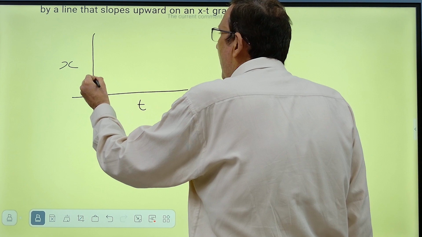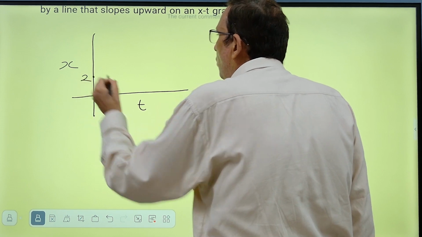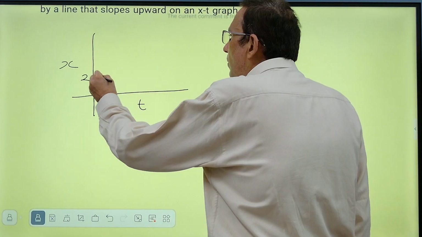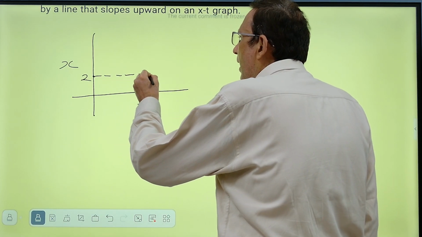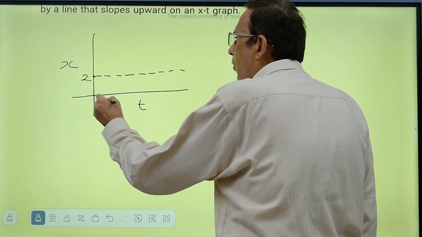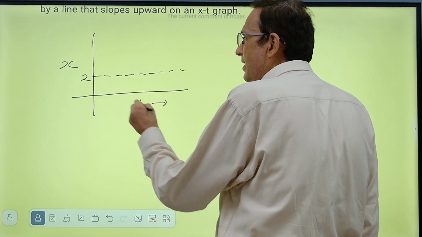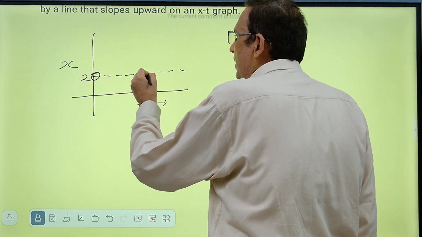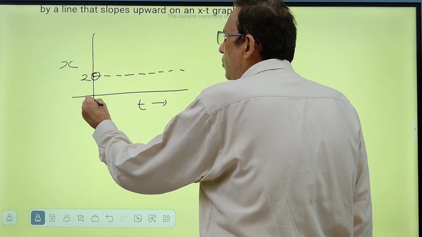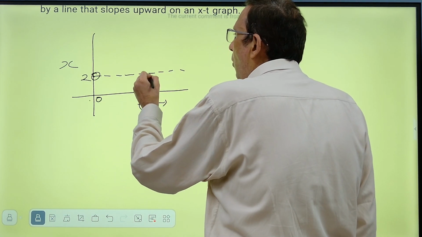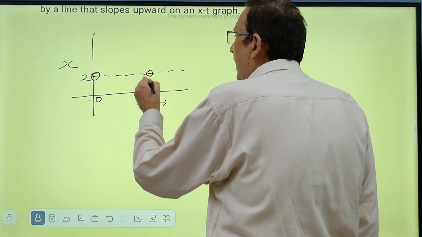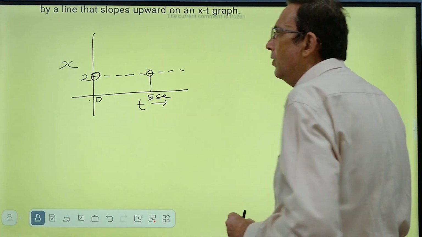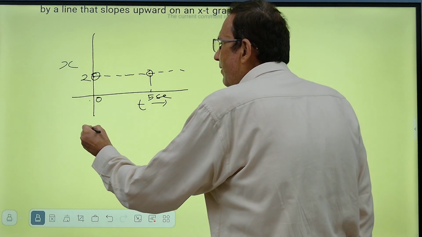Let's say x is equal to 2 for all time, so it remains at 2. It is a horizontal line for all time. Time is moving in the forward direction, but the object's position is not changing. It is 2 at time t equal to 0, and it is also 2 at a future time, let us say 5 seconds. So this would be at rest.